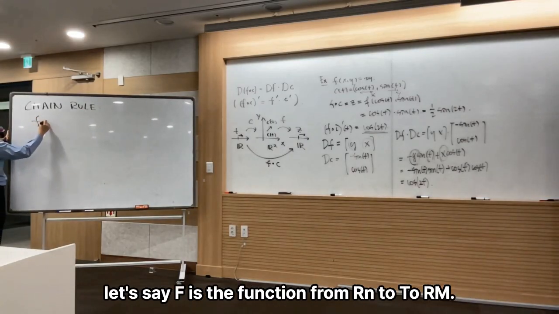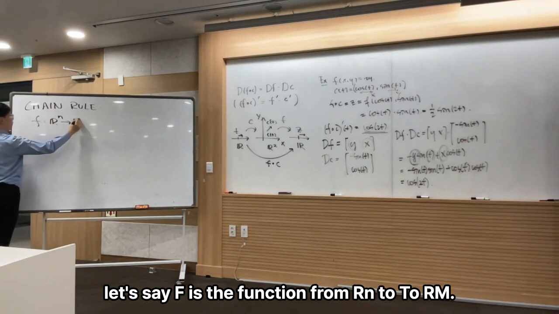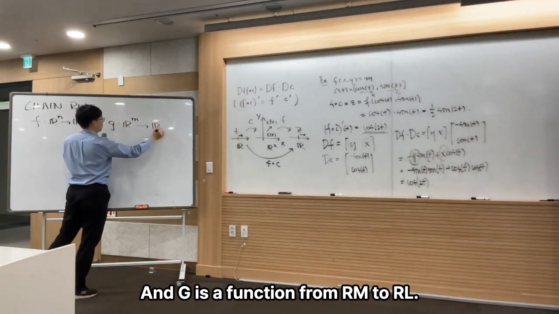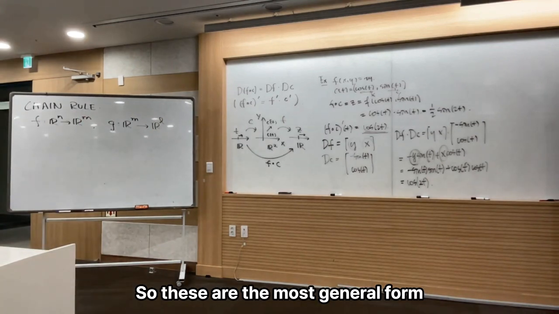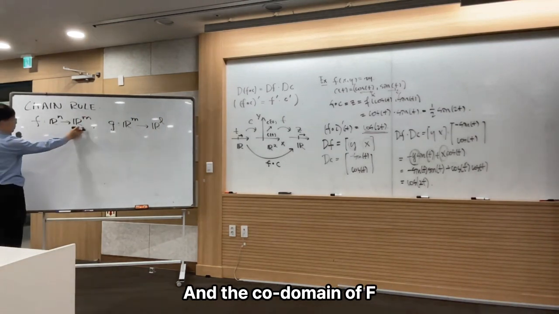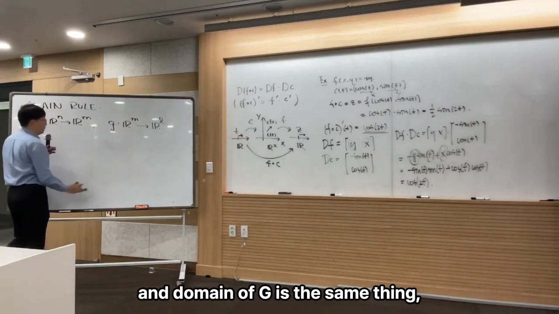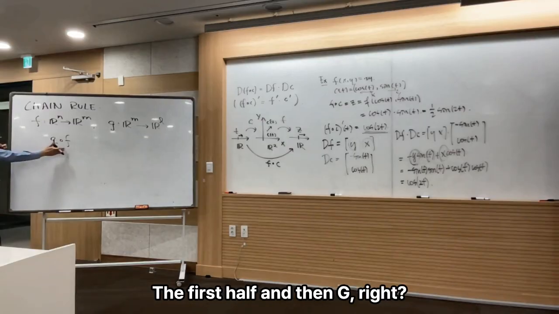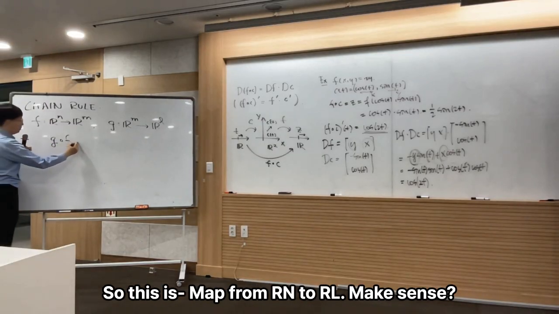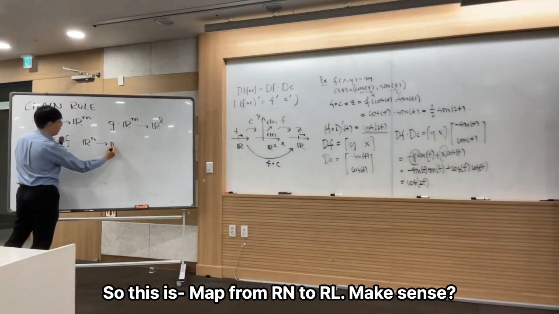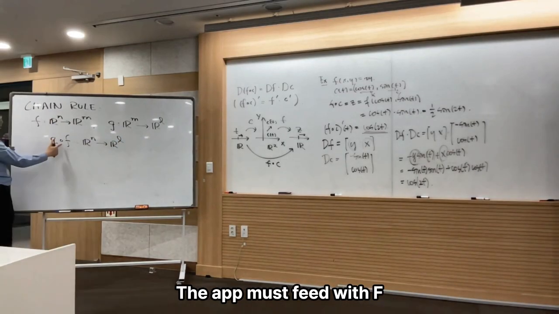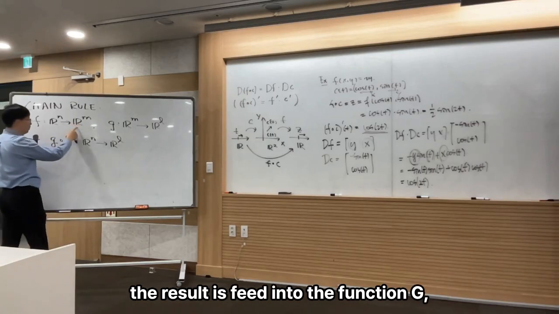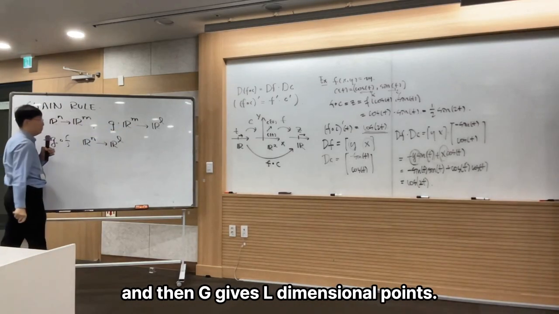So let's say f is a function from Rⁿ to Rᵐ, and g is a function from Rᵐ to Rˡ. These are the most general form of multivariable functions. The codomain of f and the domain of g are the same, so I can composite these two functions: first f and then g. So this is mapped from Rⁿ to Rˡ. It makes sense? The f must be fed n-dimensional points, and the result is fed into the function g, and then g gives l-dimensional points.